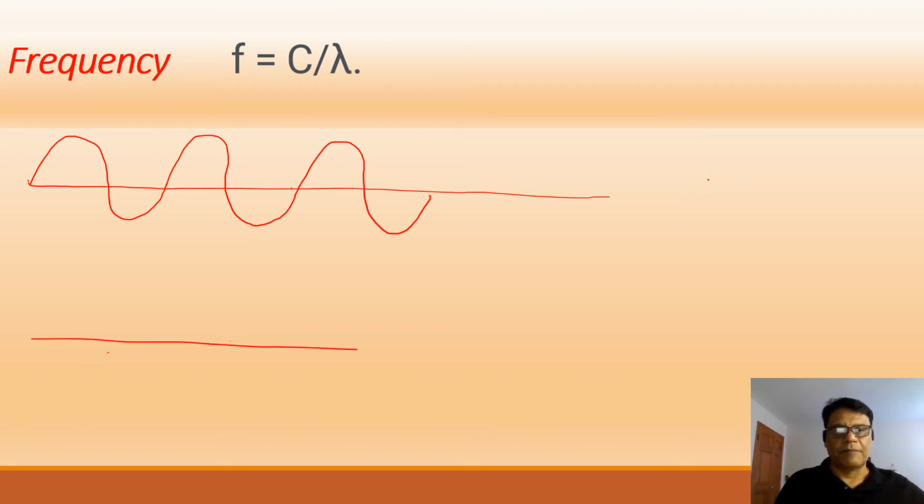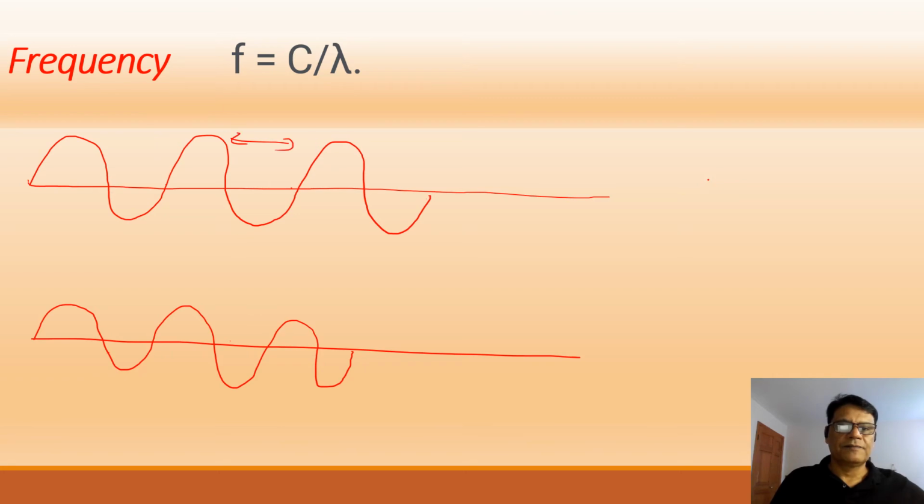And we have a second pulse that also has 3 cycles. Its wavelength is larger as compared to the second wave.